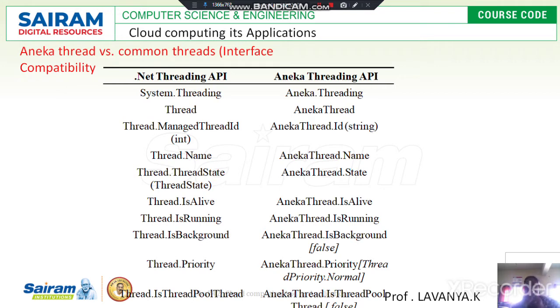Like that we create many types of threads, such as Aneka thread running, Aneka thread background, Aneka thread priority, Aneka thread string, or ID. Like that we create multiple threads.